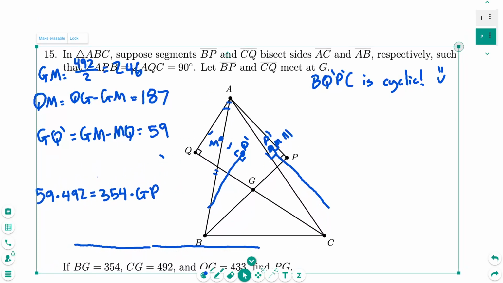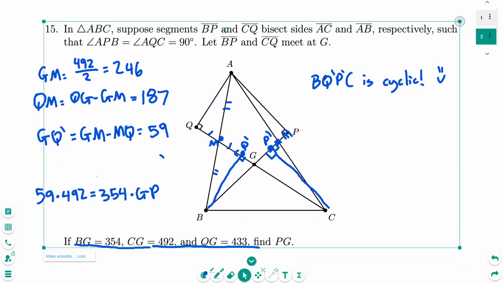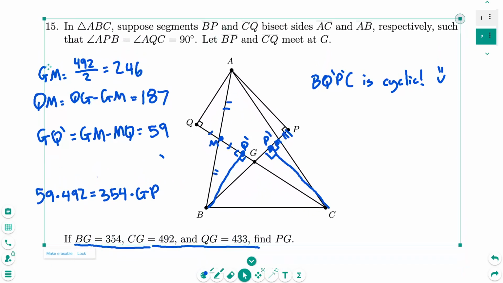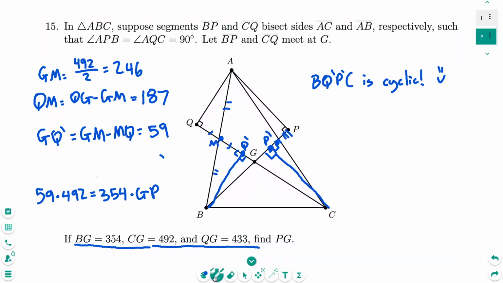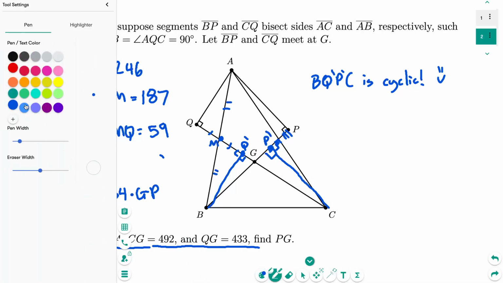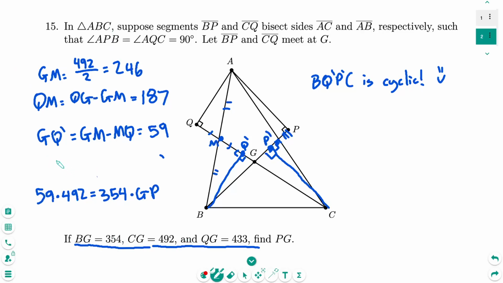Oh no, I moved the whole thing down. Okay, let's try to move it back. Oh, perfect. So now let's write the actual equation. Let me switch colors too to indicate the significance of this equation. So we have GQ prime times GC is equal to GB times GP prime.